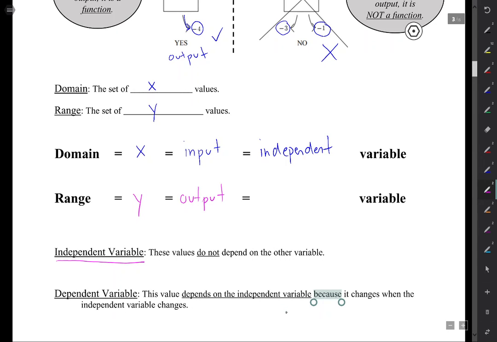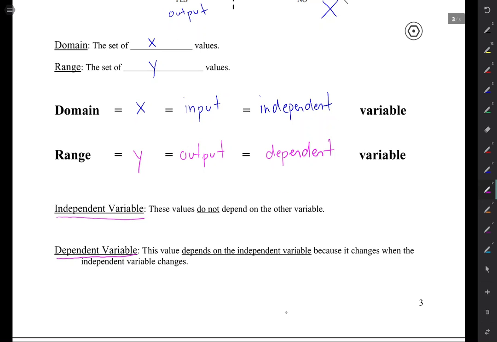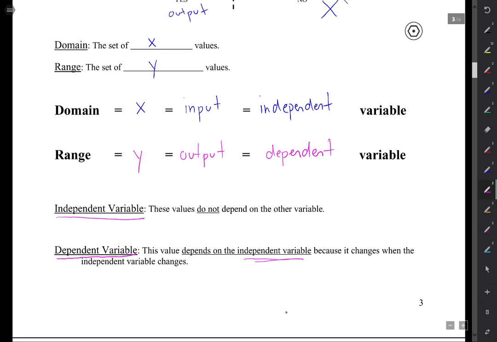So the y values are the outputs, and that is equal to the dependent variable. So the dependent variable depends on the independent variable because it changes when the independent variable changes. So as soon as that independent variable changes, or the x value changes, then the y value is going to change as well. Therefore, it depends on what the x value is.